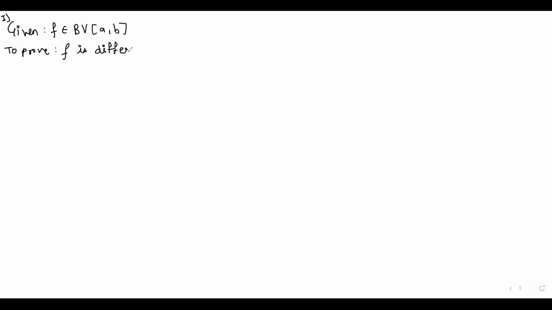F is difference of two finite valued monotonic increasing functions. So proof.